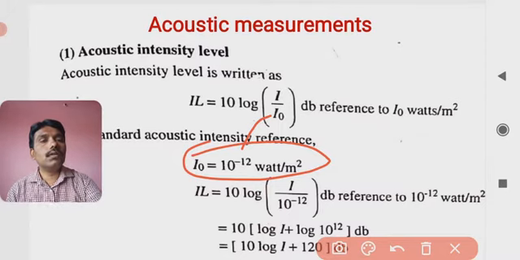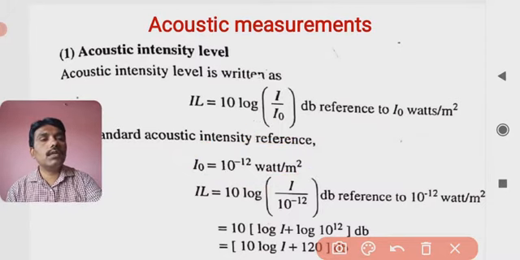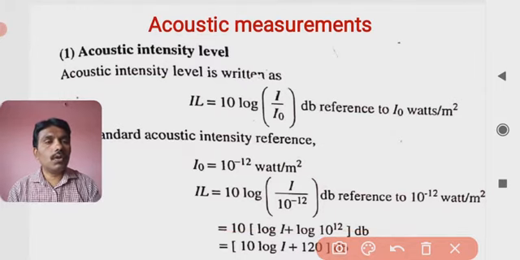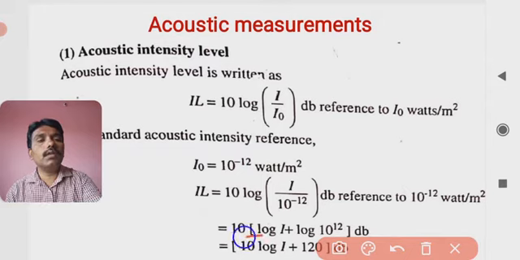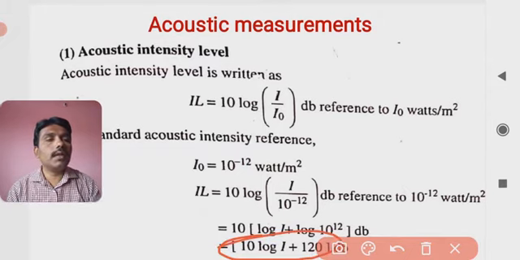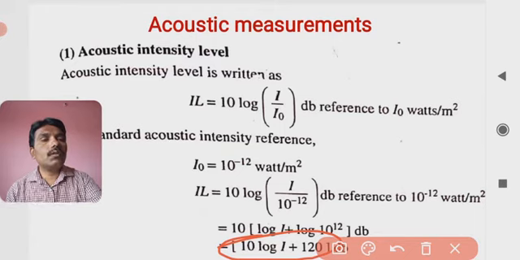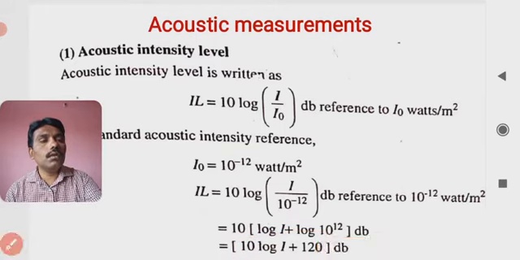If we put these values and use the log, then it will have the relation 10 log of I plus log of 10 raised to 12, and the total value is going to be calculated as 10 log I plus 120 dB. The power 12 is multiplied by 10, giving 120.